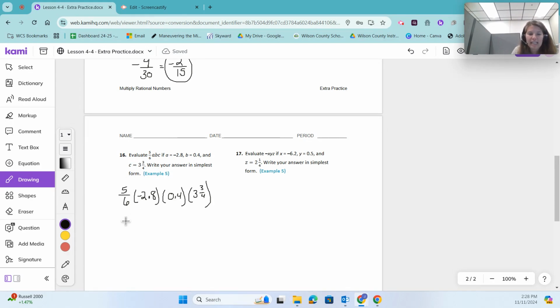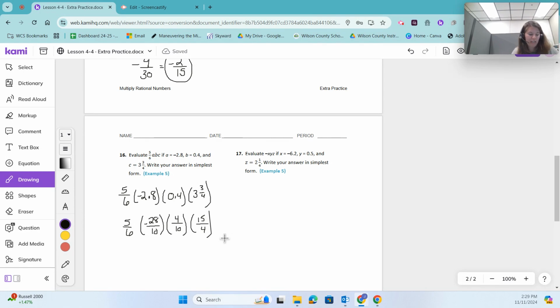And I have 5/6, and then I have negative 2 8/10, which is going to be negative 28/10, times 4/10, and 3 times 4 is 12, plus 3 is 15/4. Okay, multiply across the top, multiply across the bottom.